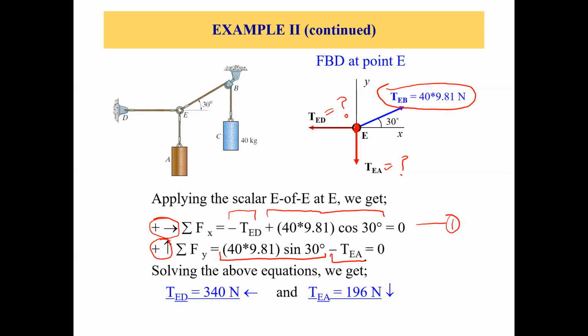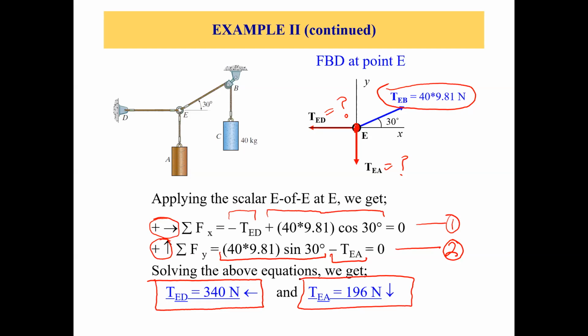So negative TEA equals 0. This gives us equation 2 due to summation of forces in the y direction. Now we have these two equations and two unknowns, so just solve them. If you do that, you get TED equals 340 newtons and TEA equals 196 newtons. So that's how we are done with this problem.